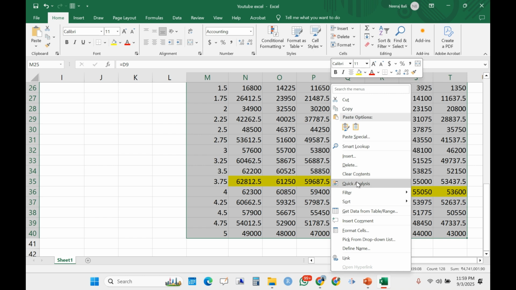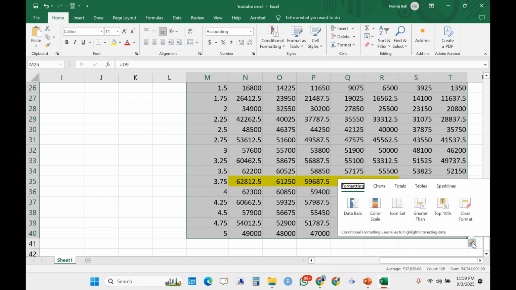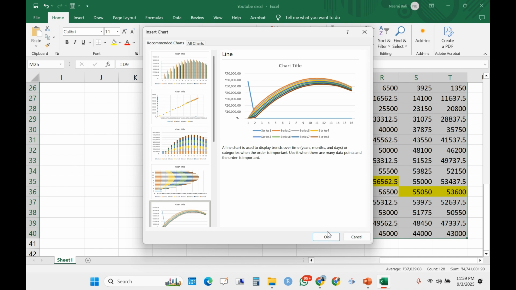Quick analysis. Okay, we can go here. We can click this. On the right side is coming. We go to the charts and we go to more charts and we select this one, and we say okay.